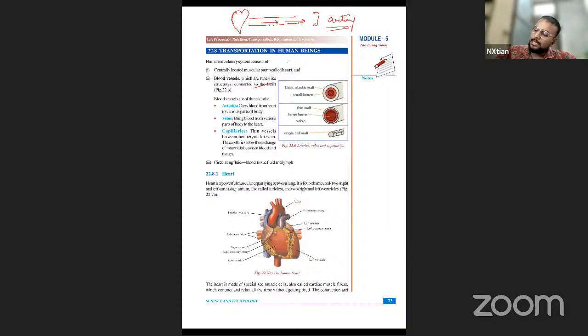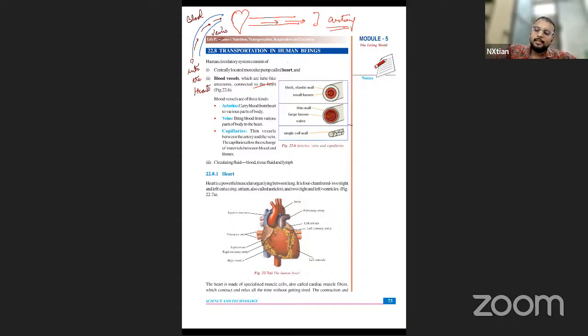And what are veins then? Veins are blood vessels which are taking blood into the heart. Then it is called a vein.